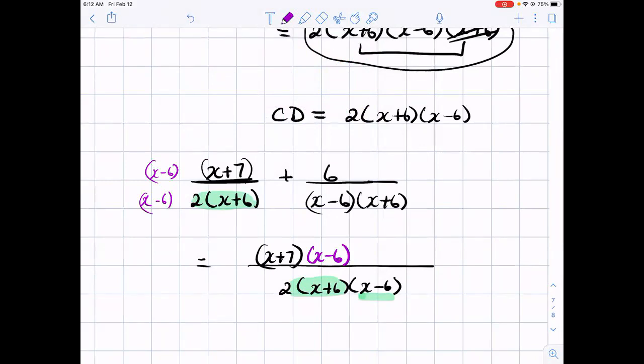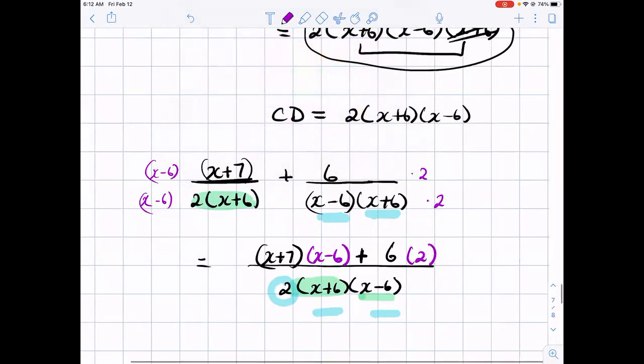And then I do the same thing, okay? So we have plus, and then I look at the order. In the next denominator, I have x minus 6, x plus 6. So here we do have an x minus 6 and an x plus 6, but I have an additional 2 there. So I'm going to multiply the top and bottom by 2. So this becomes the new 6, and then in parentheses times 2.